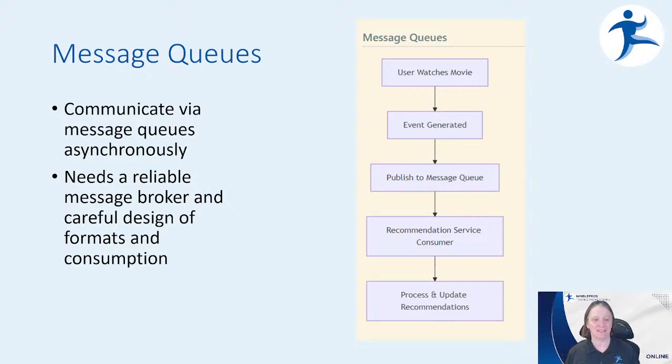All right, let's talk about message queues. Communicating via message queues is async. That movie recommendation that's down, wow. These are a reliable message broker and careful design of formats. With our message queues, again, this is async, so you can acknowledge to the user, hey, we see that you did this action.